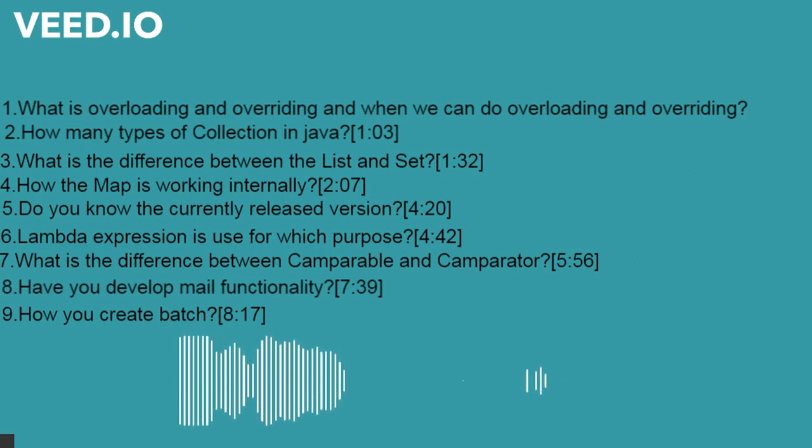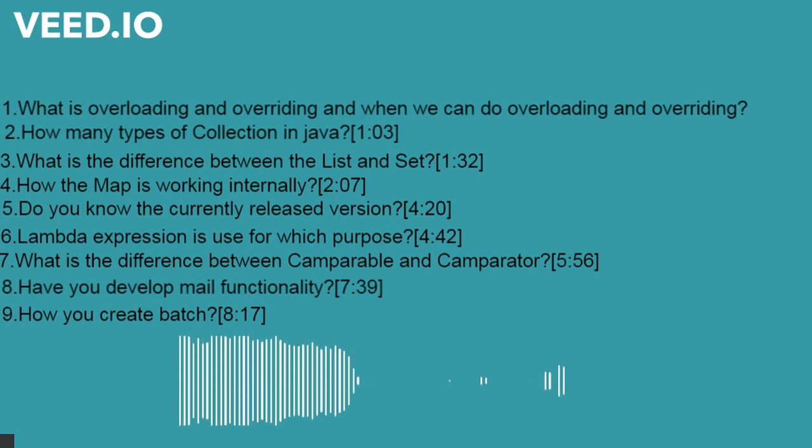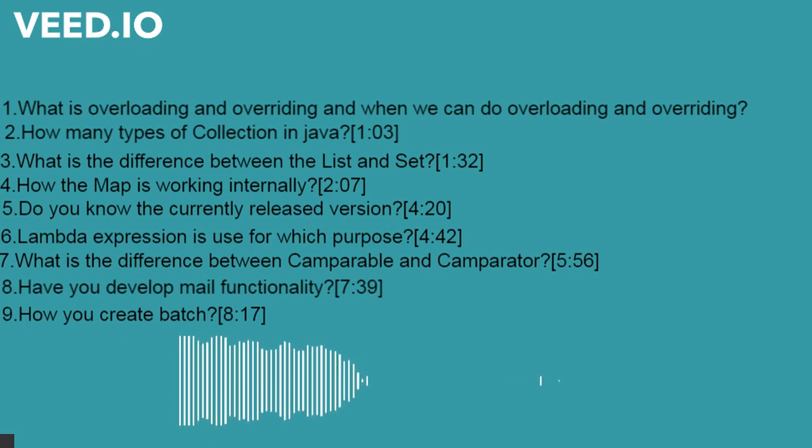Okay, how does the map work internally? So we have one method, the hashCode method, right? It basically uses the hashing technique. Whenever we use the put method of the map, internally it calls the hashCode method on the key which we are using.